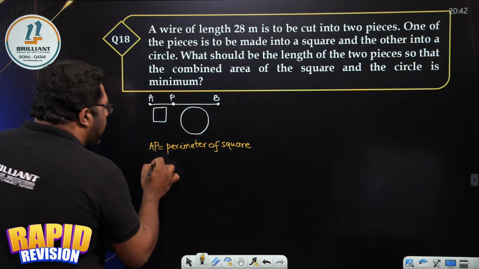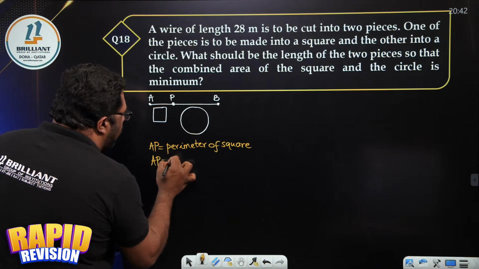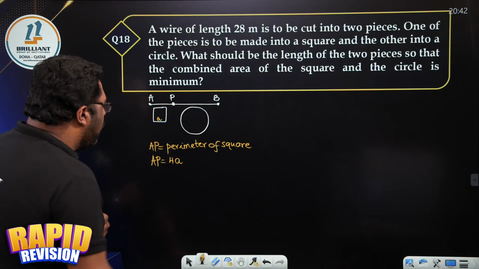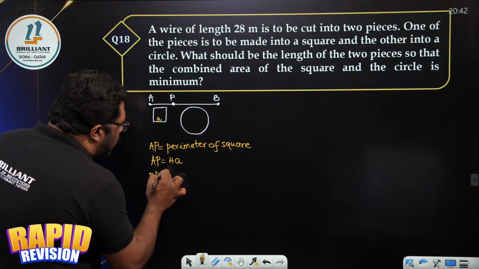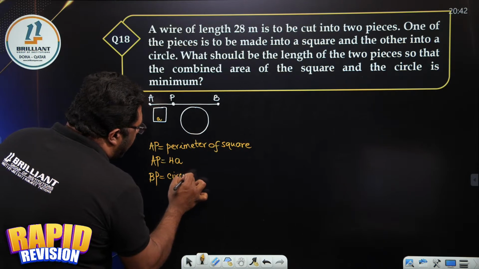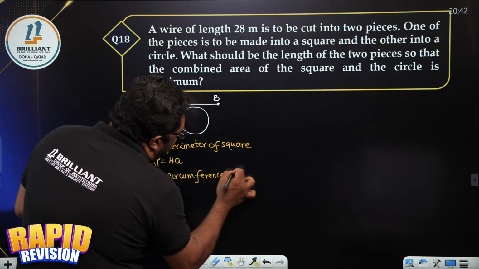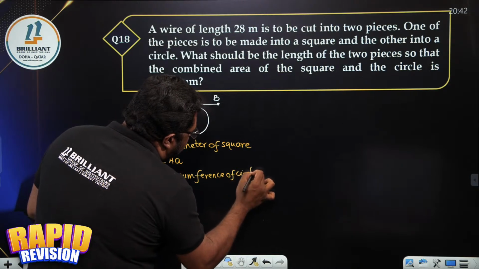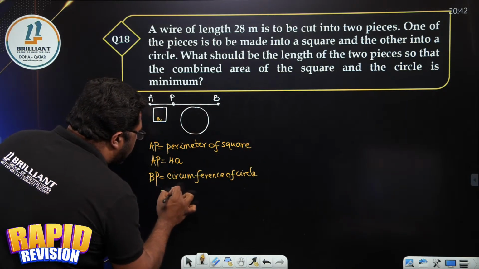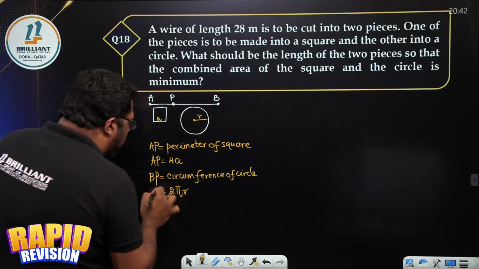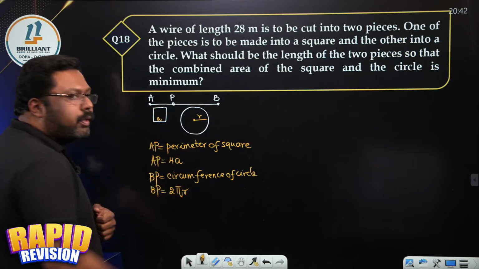That is, AP is equal to 4a. The dimension of the square is a, means 4a. BP is equal to the circumference of the circle, which is BP is equal to 2 pi r.